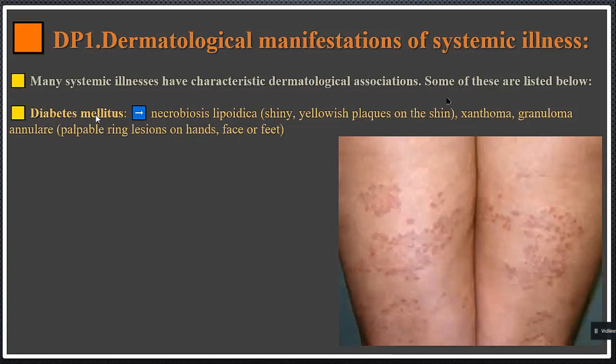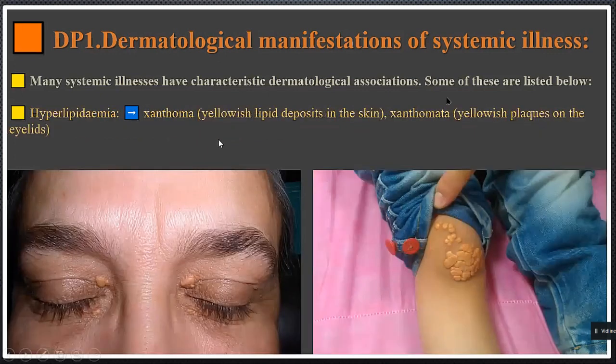So you can expect diabetes mellitus, and of course, you will check blood sugar, it will be high. What is that, guys? Xanthoma. Okay, and here in the skin, maybe elbow, and maybe on the face. So it's hyperlipidemia.